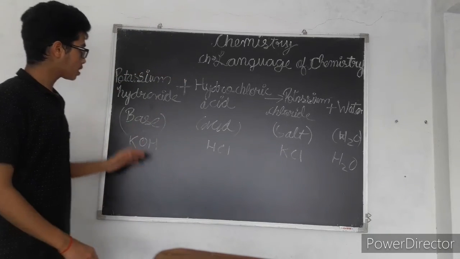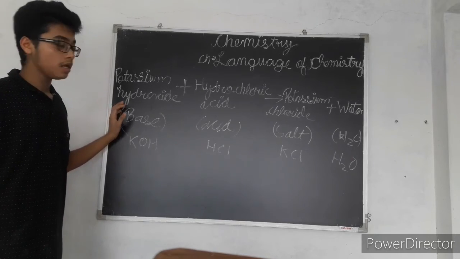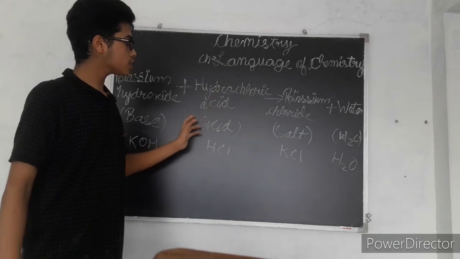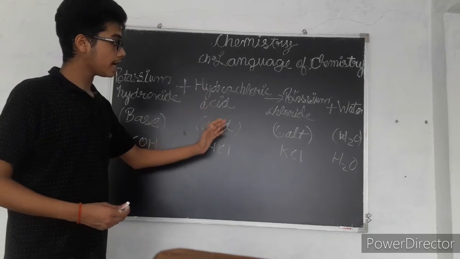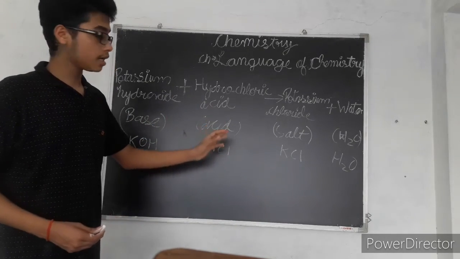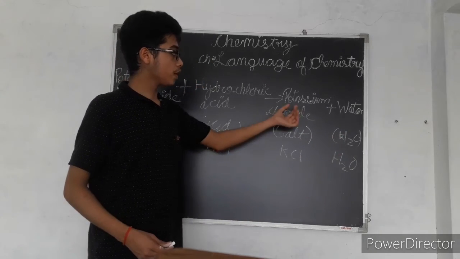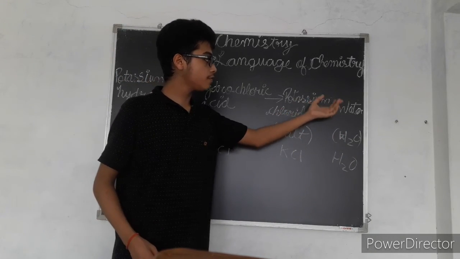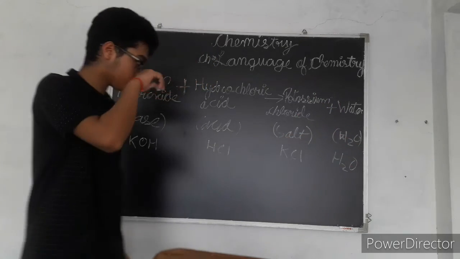So potassium hydroxide is a base and it reacts with hydrochloric acid, which is an acid. You all know when a base and an acid react, neutralization occurs and salt and water are produced. So potassium chloride is the salt and H2O is water.